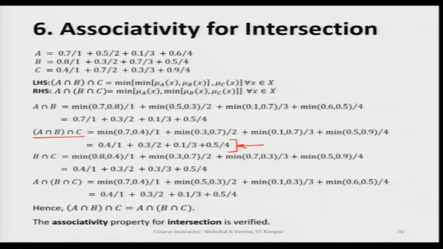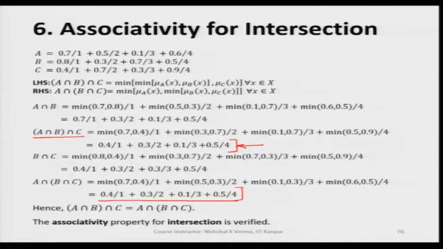Now, when we compute the intersection of A and B intersection C, this is what we are getting when we apply the min criteria.